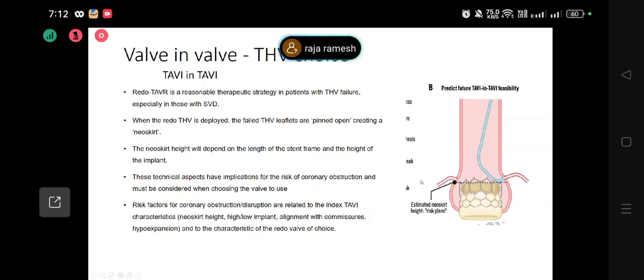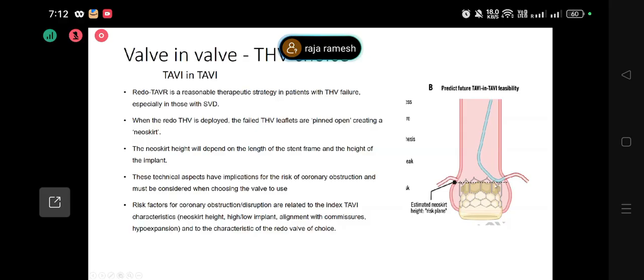This upper level is called the neoskirt. This is the normal skirt, but whenever the leaflets of the initial valve are impinging onto the coronary ostia, this is called the neoskirt. So the neoskirt height should be at a lower level than the coronary ostia; then there will be no problem.